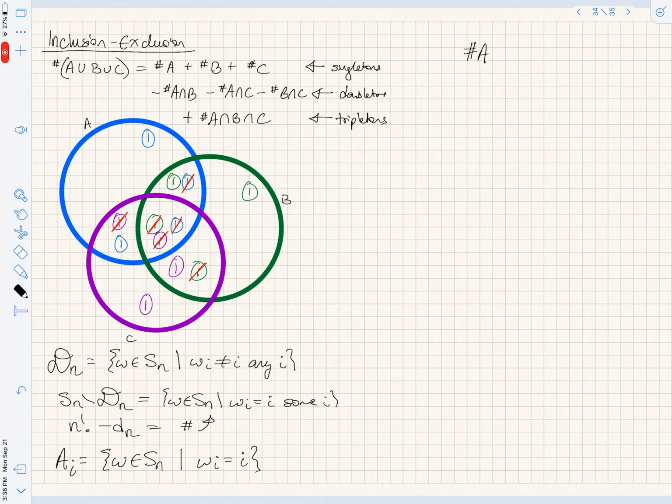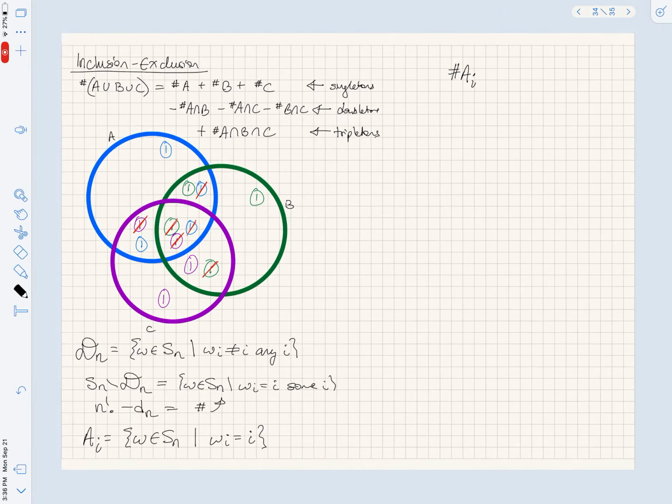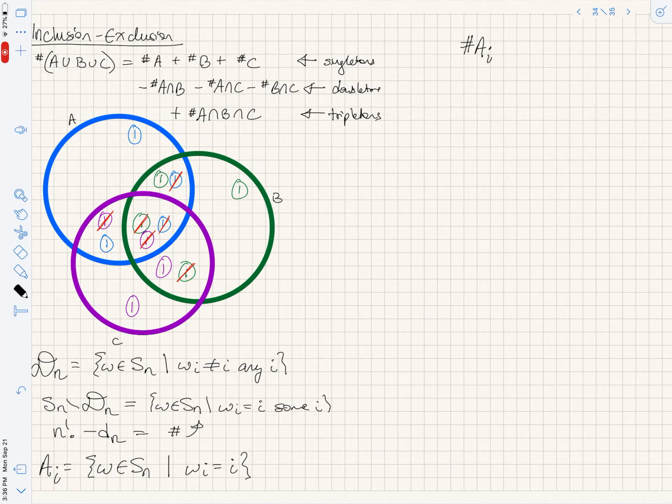Well, let's see. So how many things are there in A_i? Well, first of all, does it depend on i? Not really. If I'm fixing the first letter, then I know how many things there are that I can screw around with for all the rest. And it's the same for any i. So this is going to be n minus 1 factorial.